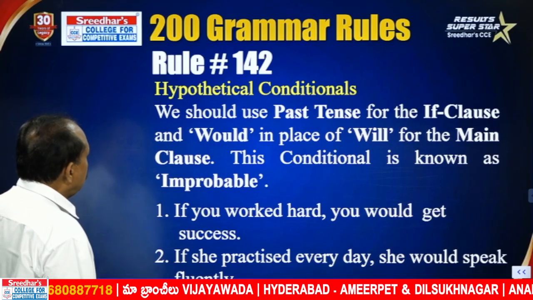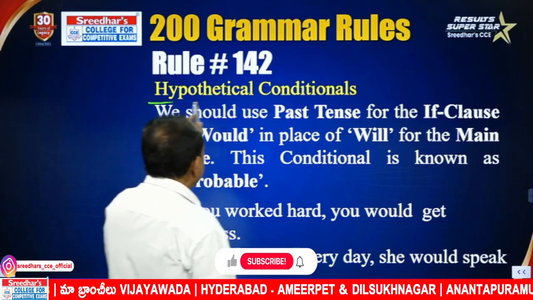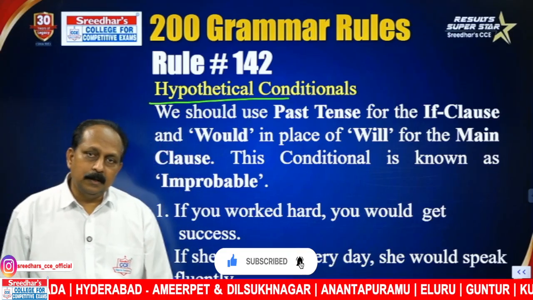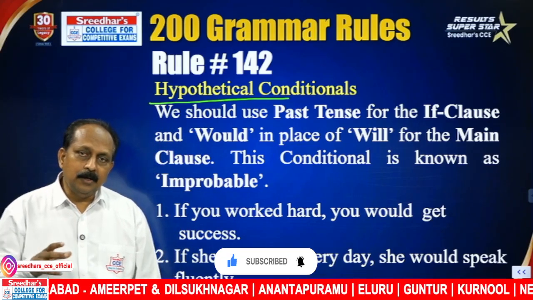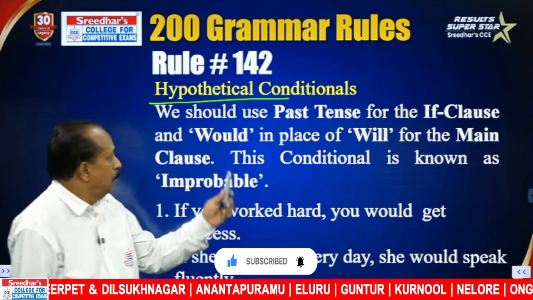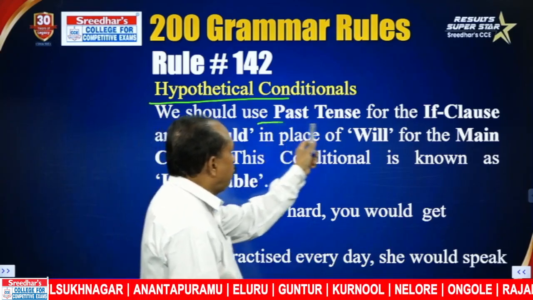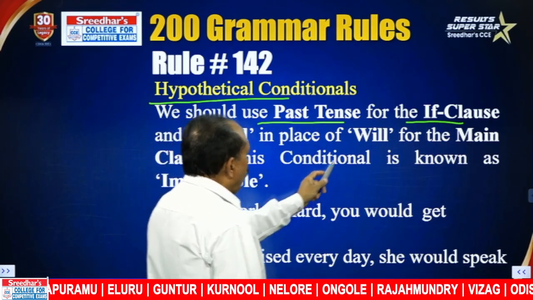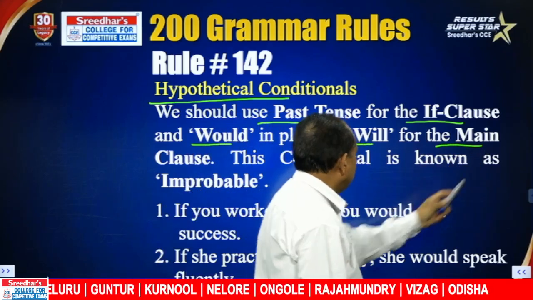Rule number 142, hypothetical conditionals. For any conditional, first you have to learn the tenses and then you have to learn the use. We should use past tense for the if clause and would in place of will for the main clause.